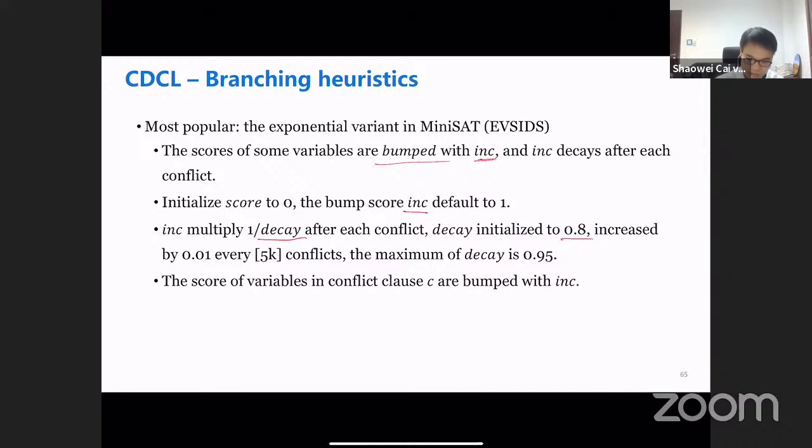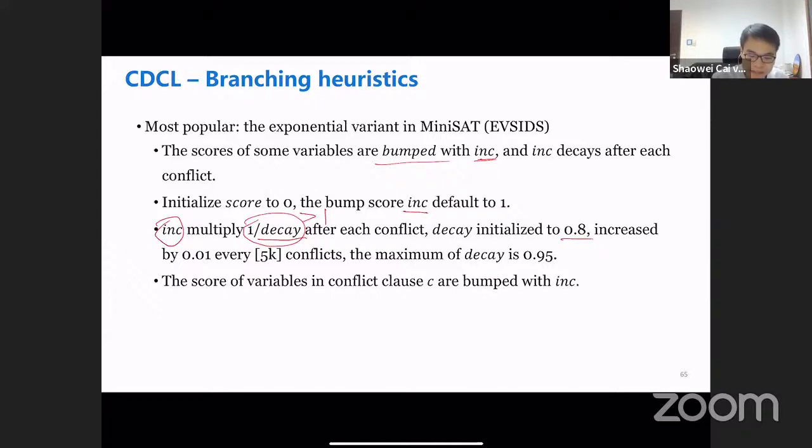I try to explain this because we want to emphasize the recent conflict, right? In this way, the increment is multiplied by a factor bigger than 1, so it is more important than the previous increment.